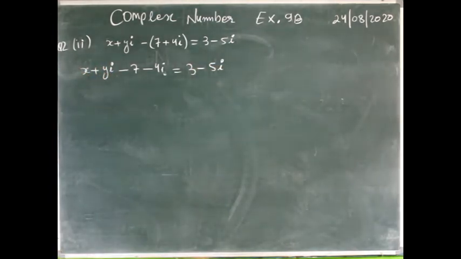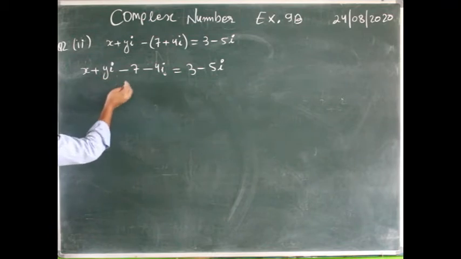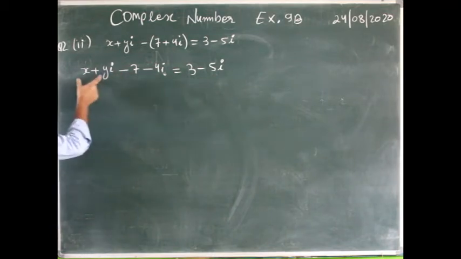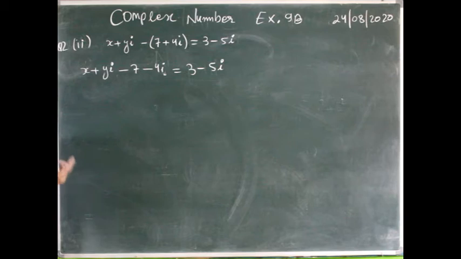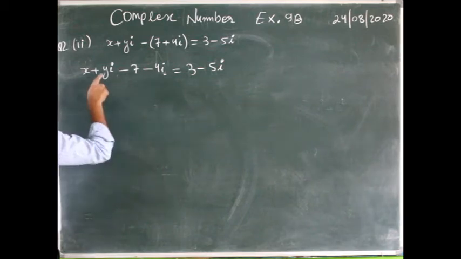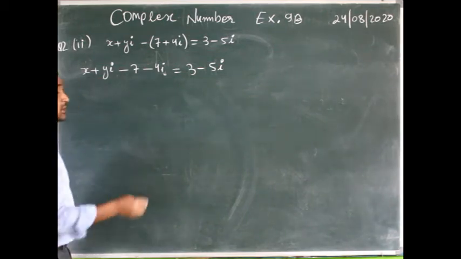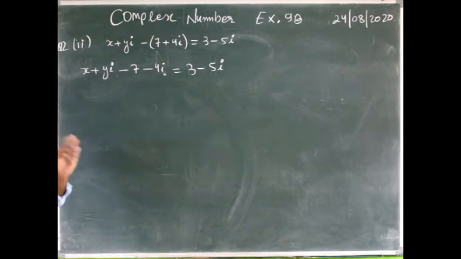Now let's bring together the real and imaginary parts. Real means the numbers without i, and the numbers with i are called imaginary.